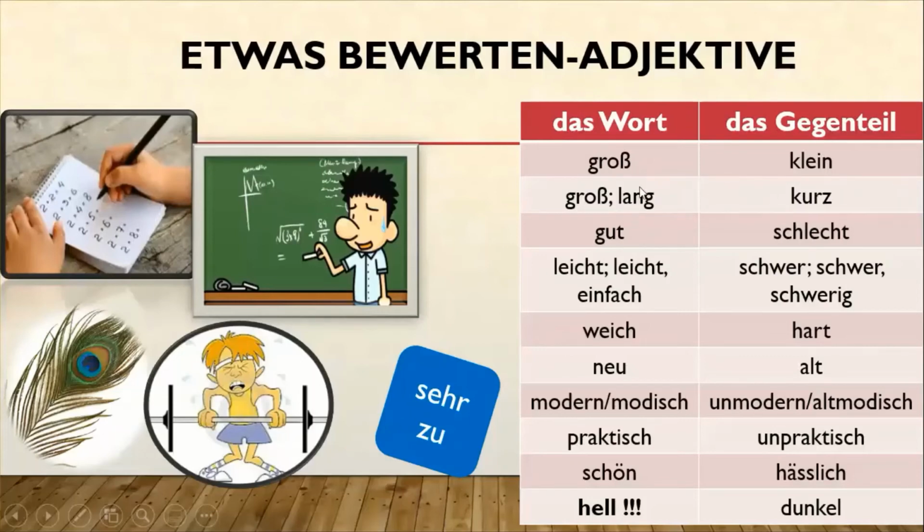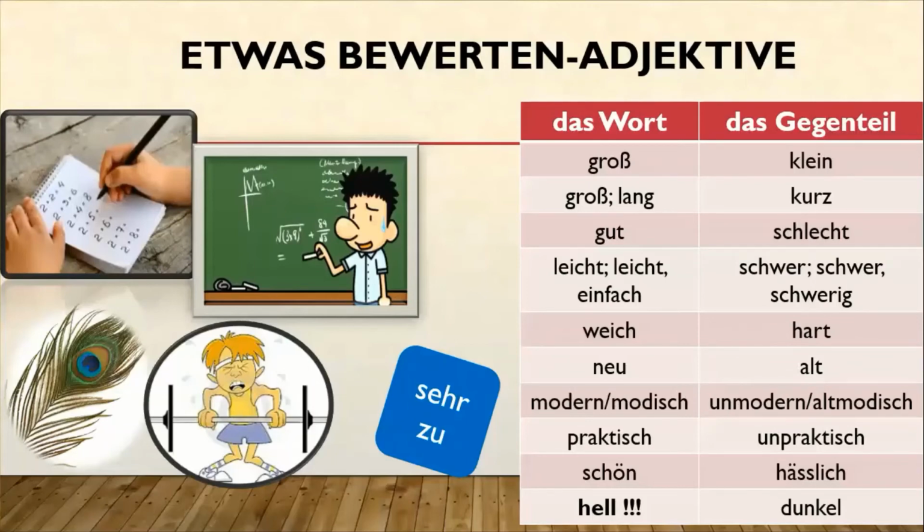Something is long and something is short. Gut, schlecht, good, bad. Weich, hart, soft, hard. Neu, alt, new, old.